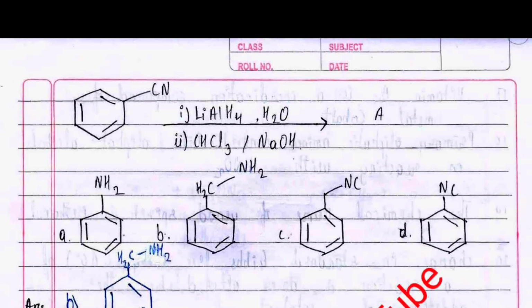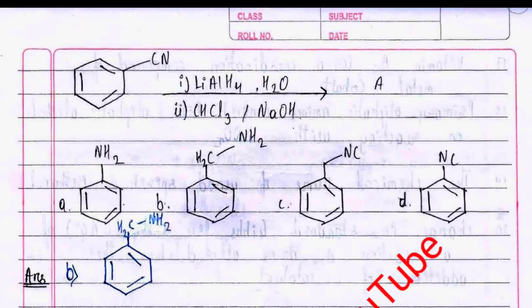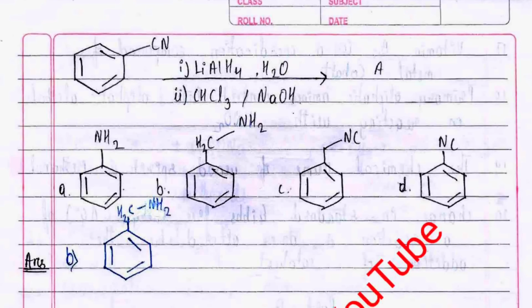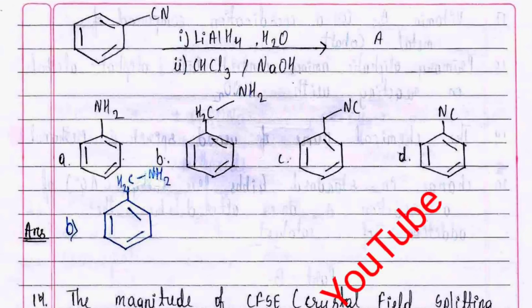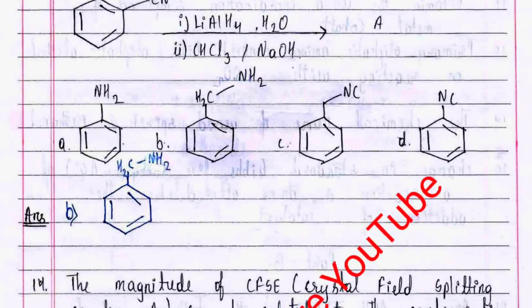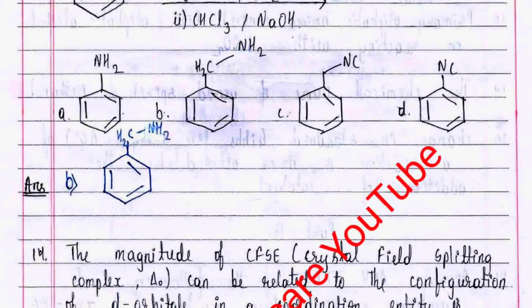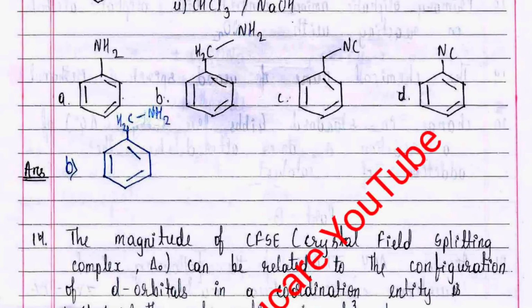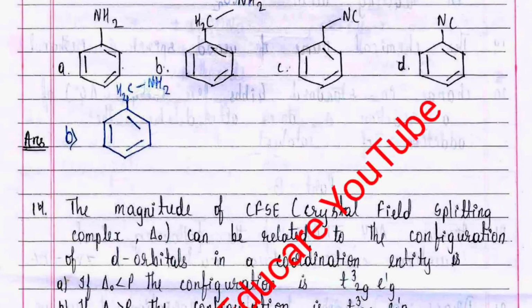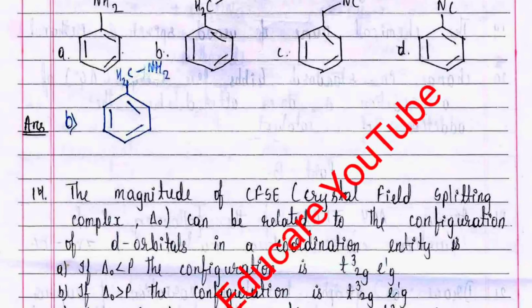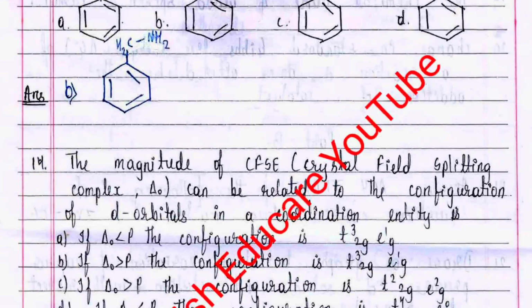14th. The magnitude of crystal field splitting in complex, delta naught, can be related to the configuration of d orbitals in a coordination entity as A. If delta naught is lesser than P, the configuration is t2g3 eg1. B. If delta naught is greater than P, the configuration is t2g3 eg1.